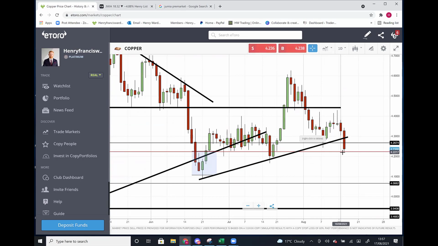You have sort of two choices: jump out of it now and potentially have a small win, or you just sit through it and see where it lies at the end of the expiry. Our stop loss is down here, so we're getting close to the entry point on this.